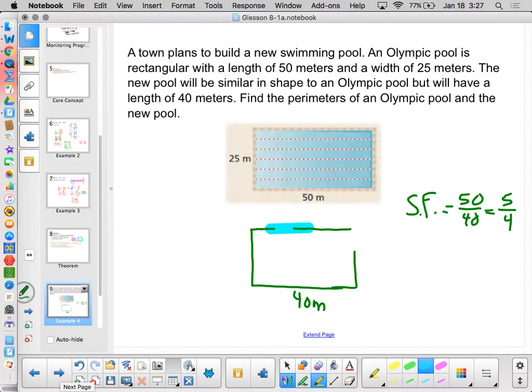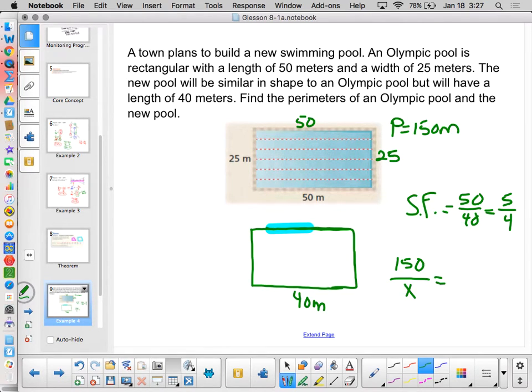Or, I could just find the perimeter of this bigger pool. 50 and 50 is 100, so that's 150 meters as a perimeter. And then set up a proportion. 150 over the perimeter of the smaller pool is the scale factor.